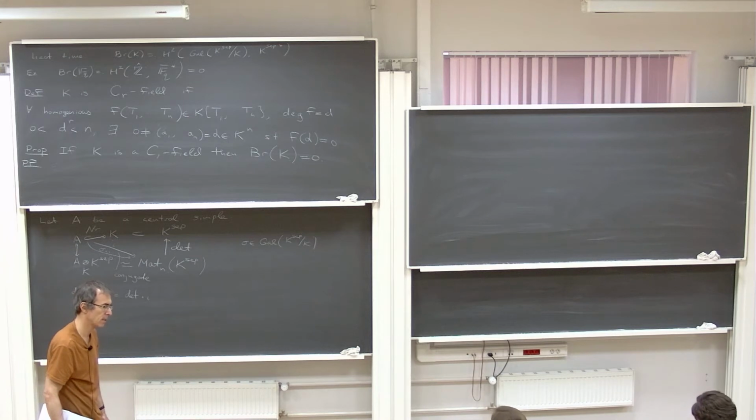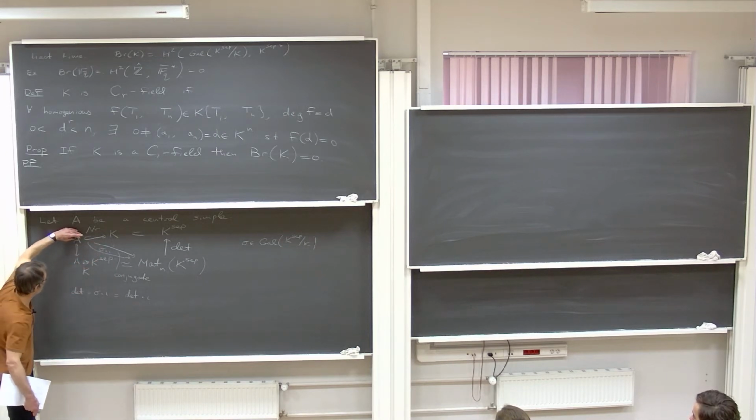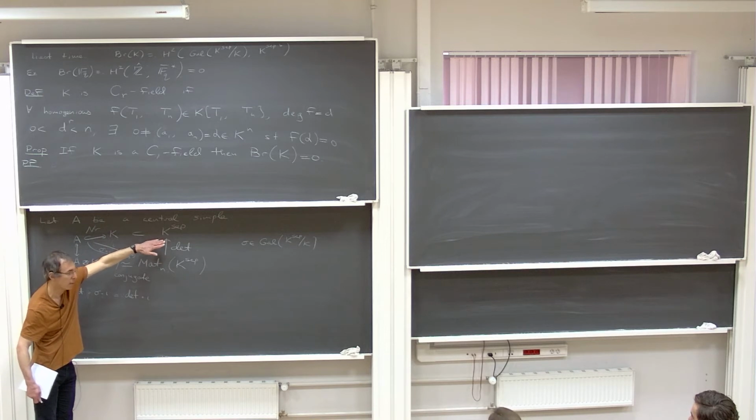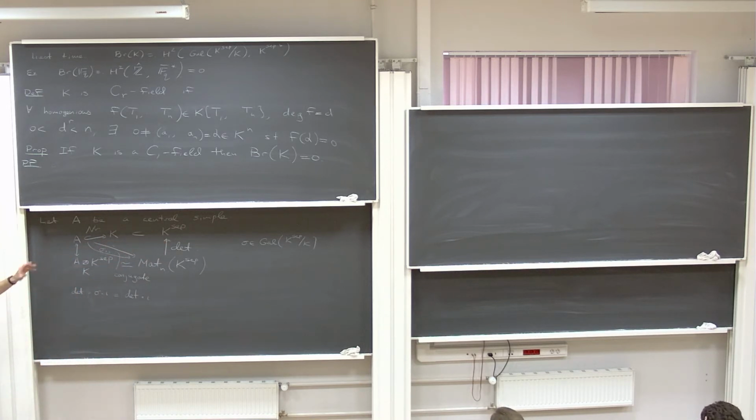Does it make sense? Okay, and therefore we see that the image lands in K. This is called the norm map.